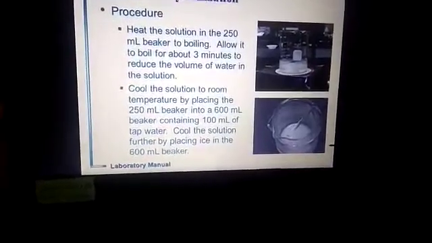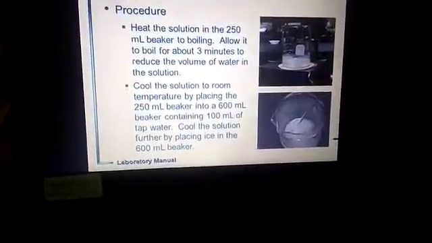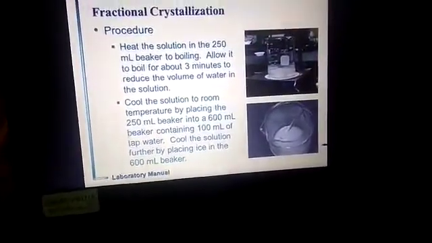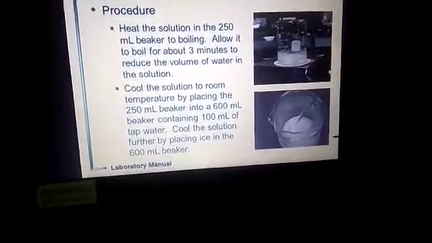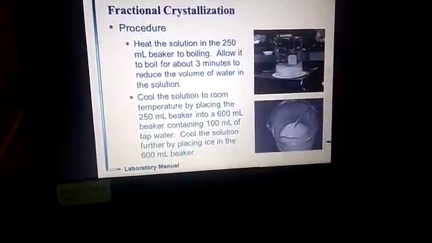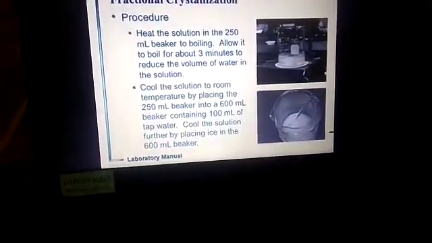Heat the solution in a 250 ml beaker to boiling. Allow it to boil for 3 minutes to reduce the volume of water in the solution. After that, cool the solution to room temperature by placing the 250 ml beaker in a 600 ml beaker containing 100 ml of tap water.